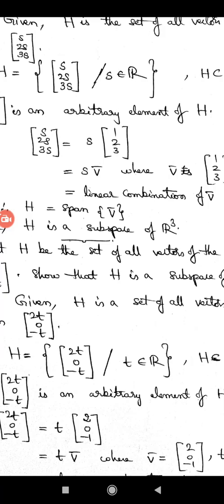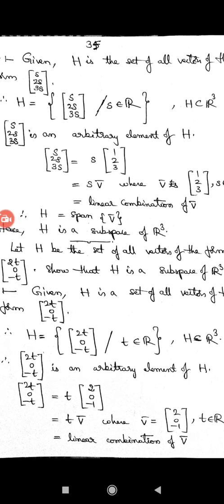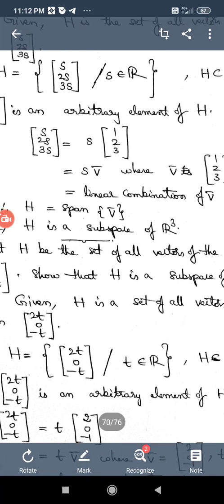So for that, let us go with these steps. Given H is a set of all vectors of the form (2t, 0, -t). Now H is equal to the set consisting of the column vectors (2t, 0, -t) such that t belongs to R. Here t is a real number. By this definition of H, we can understand that H consists of 3 by 1 vectors, where t is a real number.